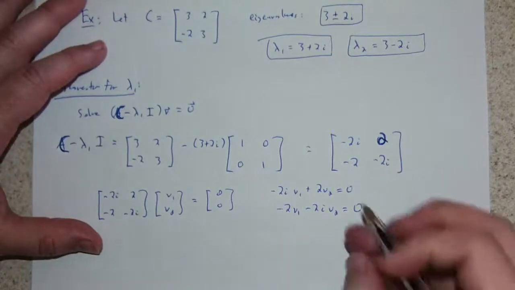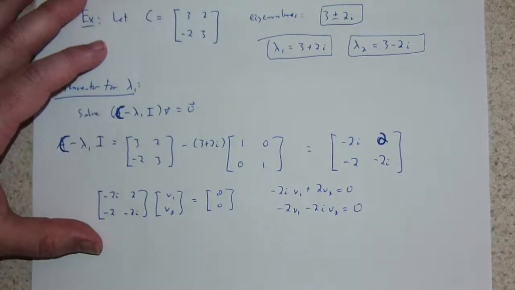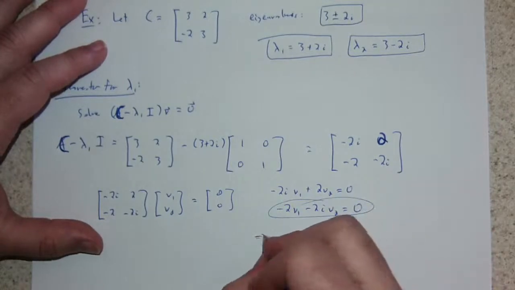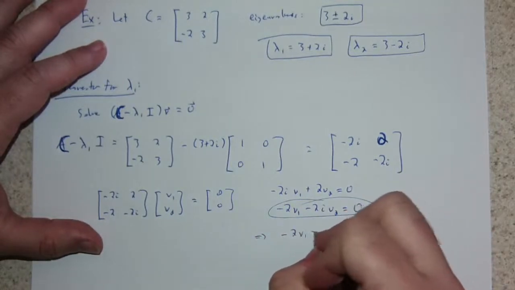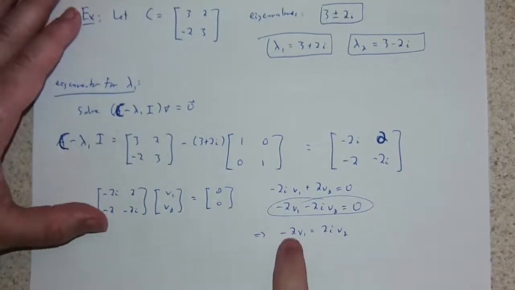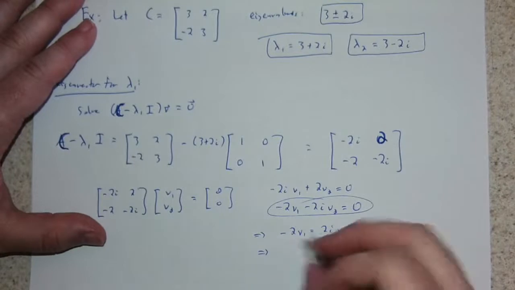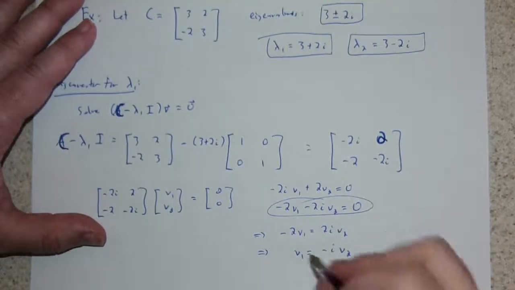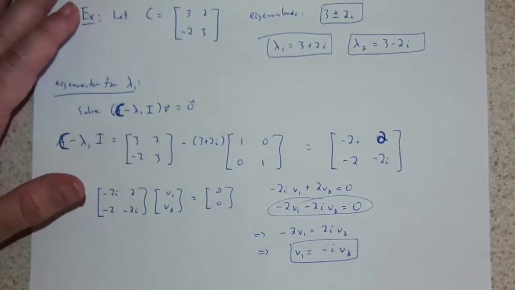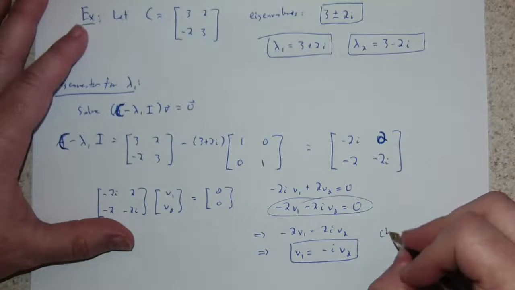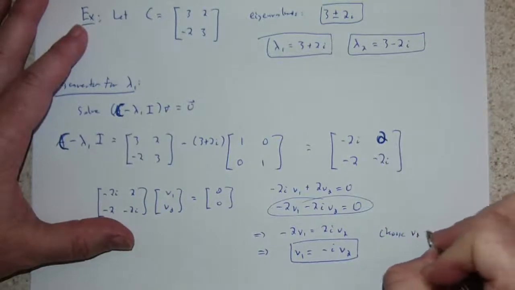So what do I want to do here? Well, I'm going to pick this one, and I'm going to say this means that minus 2 v1 is equal to 2i v2. If I divide through by minus 2, this means that v1 is equal to minus i times v2. And just as before, what I can do here is choose v2 to be equal to 1.